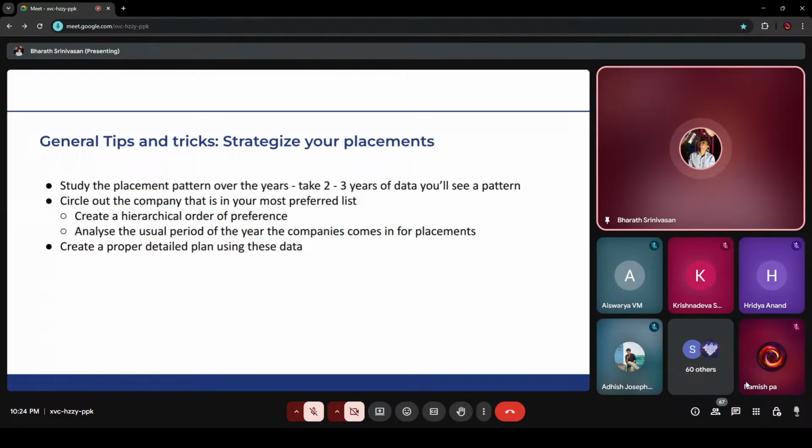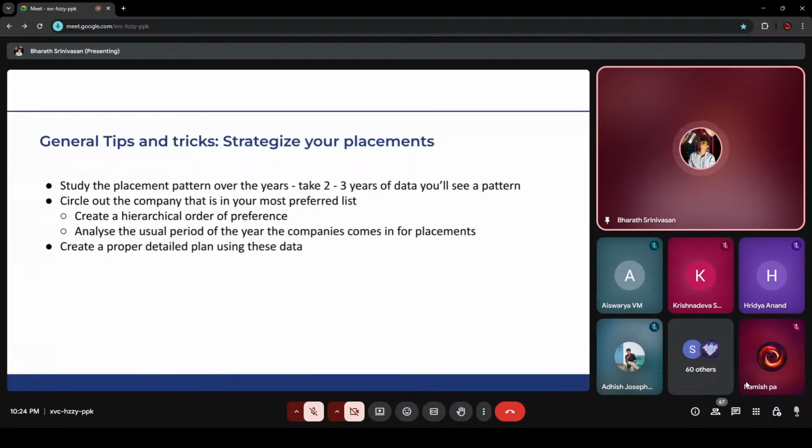All right. For me, I would just give you a rough example. Plan A was to get into the company of my highest preference. Plan B was, if that doesn't pan out, to start searching for other companies that I might like to work in, but that are not the top of my preferences. And then at the year end, with any luck, there might be a few more semiconductor companies that come in.